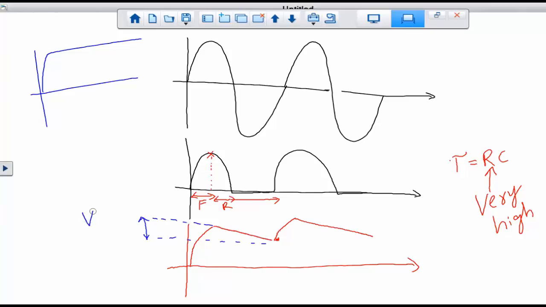This ripple has a formula. You can look at it on your formula sheet. It's called VR peak to peak. Right? And there is another formula right below, which is called VDC, which is this voltage right here.